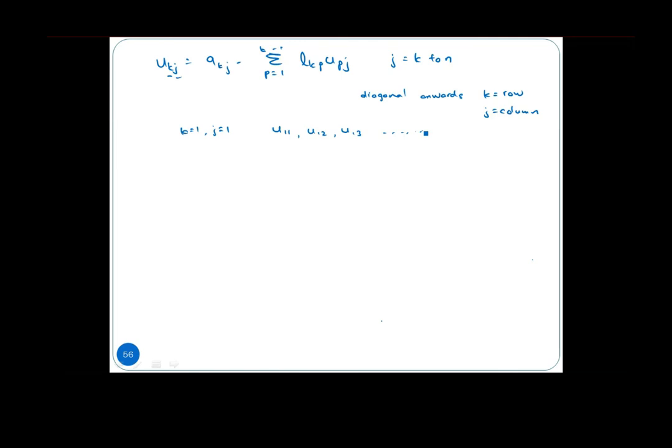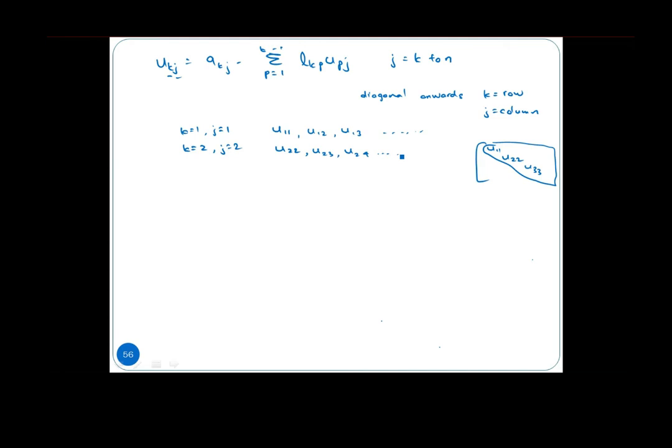If I have K at the second row, number 2, then J equals 2, meaning I am taking U22. So we are taking U only from the diagonal onwards, only this part: U22, U23, U24.